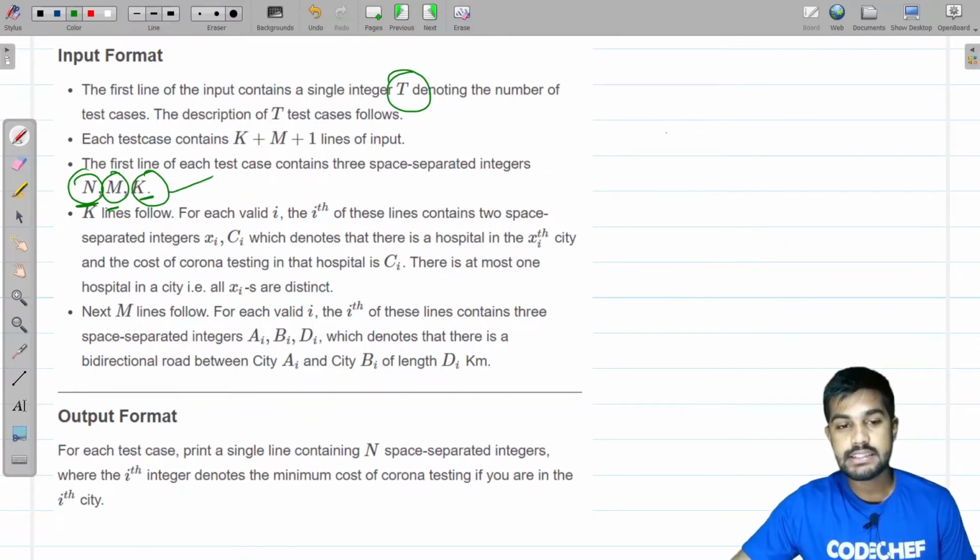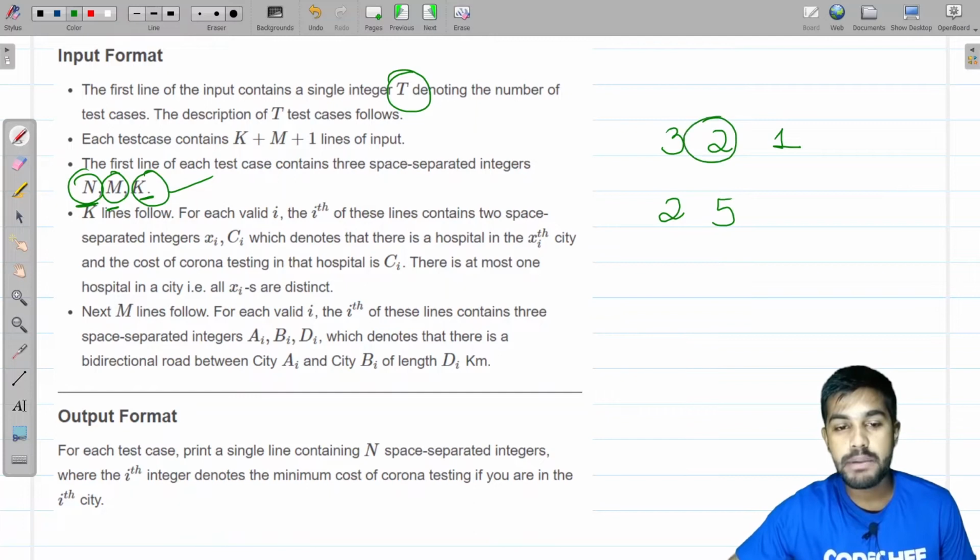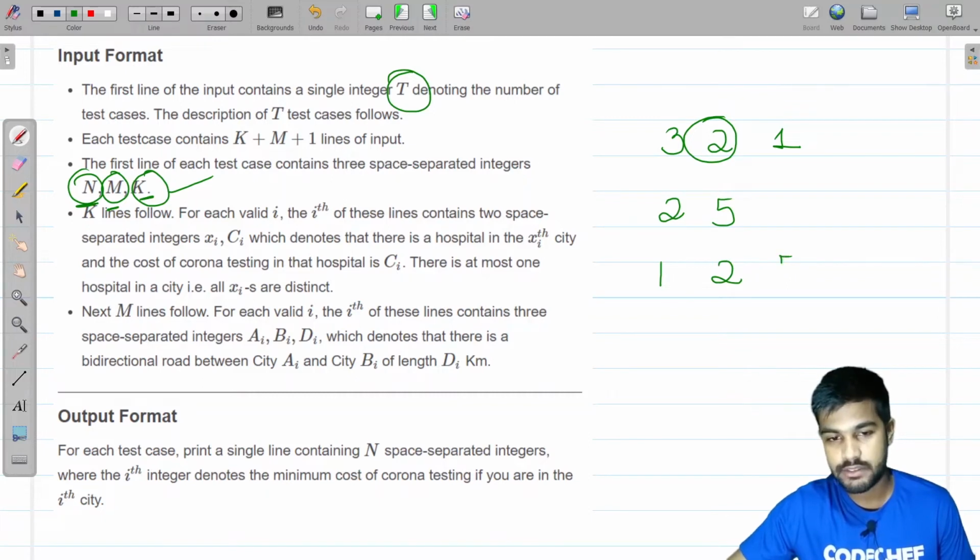Suppose n is 3, m is 2 and k is 1. Suppose city 2 has a hospital which has a cost of 5, and then we would be given m linkages. The first is, suppose, 1 to 2 and then the cost itself, suppose it is 5, and then 2 to 3 and suppose the cost is 12 itself.